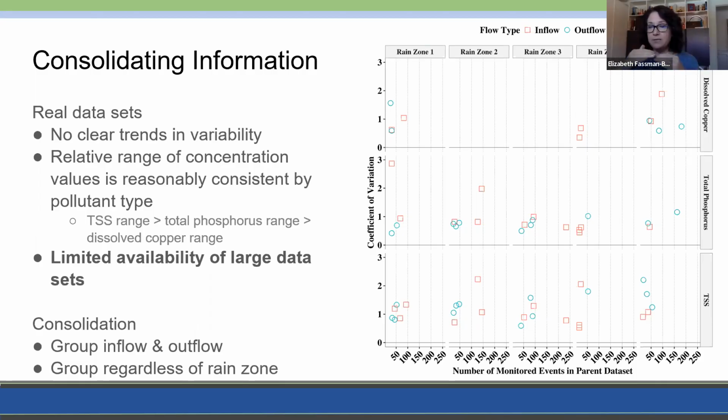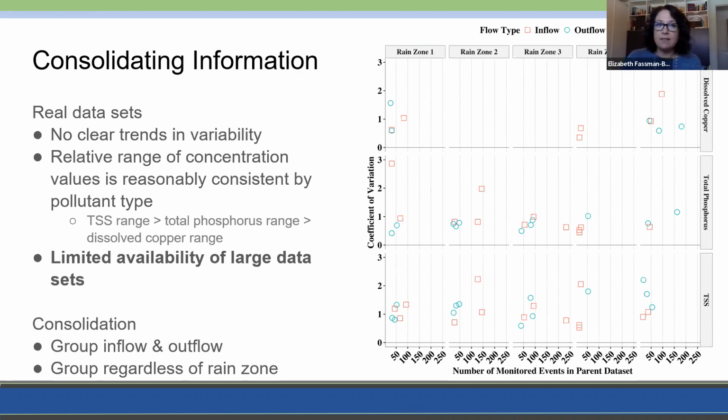So in terms of how variable the concentrations are that we're trying to reflect with our monitoring programs, there's no trend across the board. We can't say one pollutant is more variable than another, or one rain zone is more variable than another. That doesn't jump out at us.